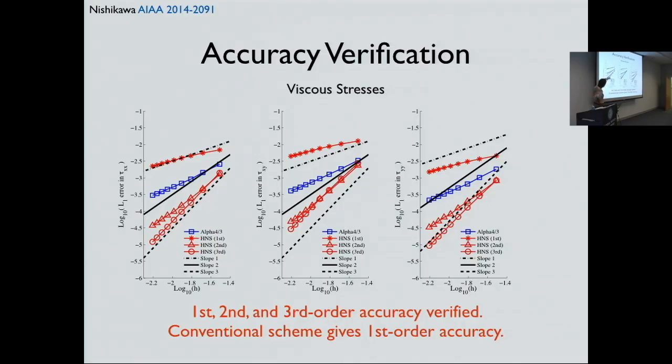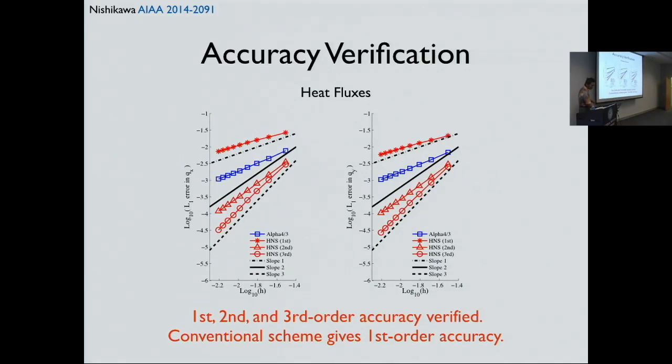But hyperbolic Navier-Stokes achieve first and second and third order for all variables. This one a little bit less than first order. Same story for the heat flux, qx and qy. We have first, second, third order for both components, but for conventional, it's first order accurate, one order lower. It's very difficult to get the same order of accuracy for the gradient.